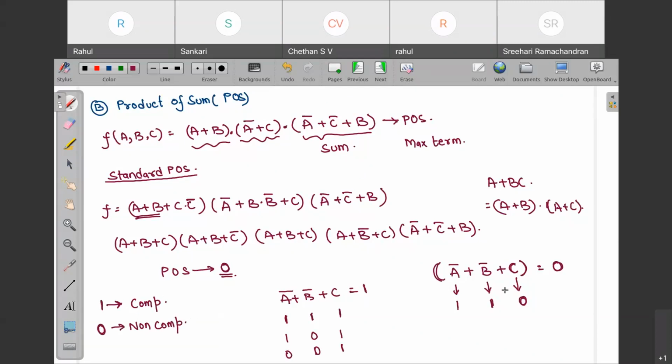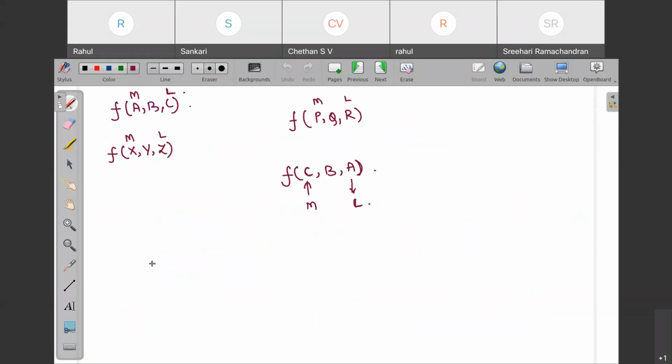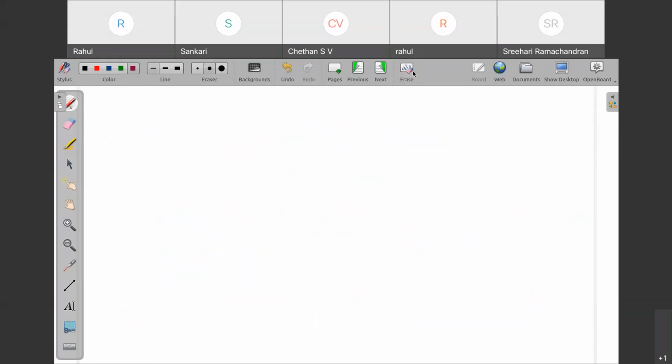You can see over here this one corresponds to A complement, this one corresponds to B complement, and 0 corresponds to C. So in POS form, we always search for zeros, 1 corresponds to complement and 0 corresponds to non-complemented form. Okay, fine. Let me show you one more example.